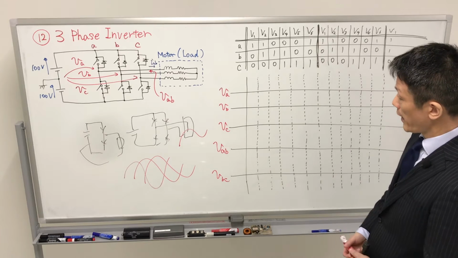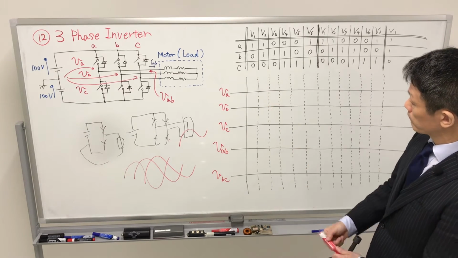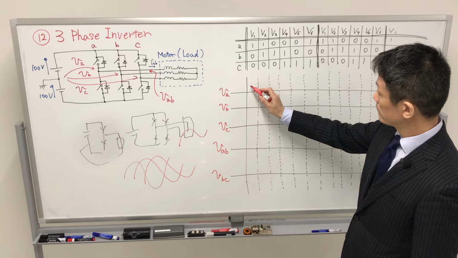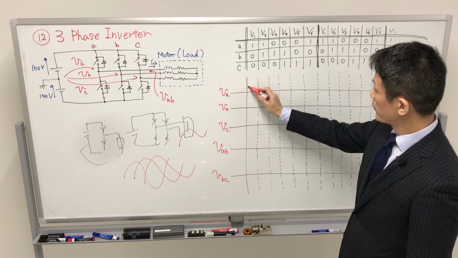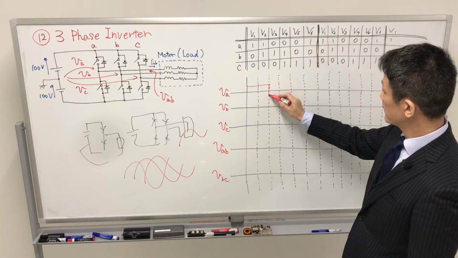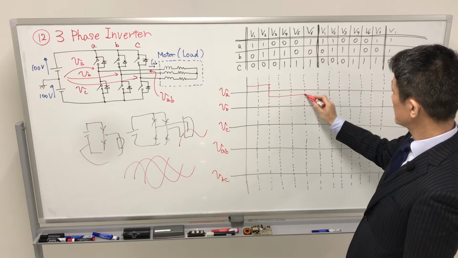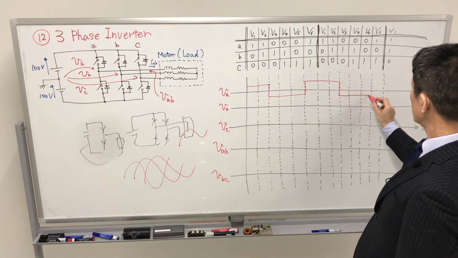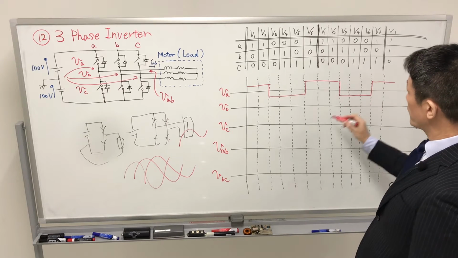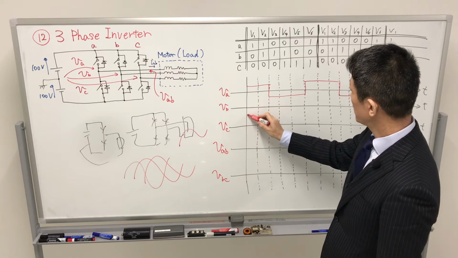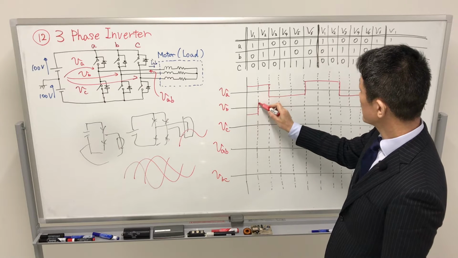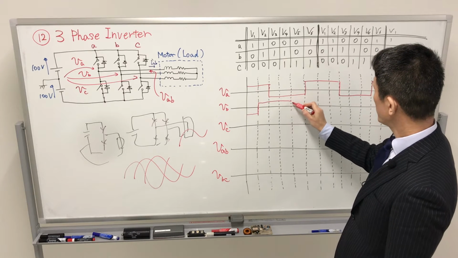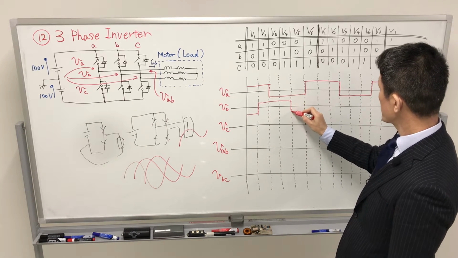Please describe VA, plus, 0, plus. It's easy for you, you can already understand it from the single-phase inverter lecture.